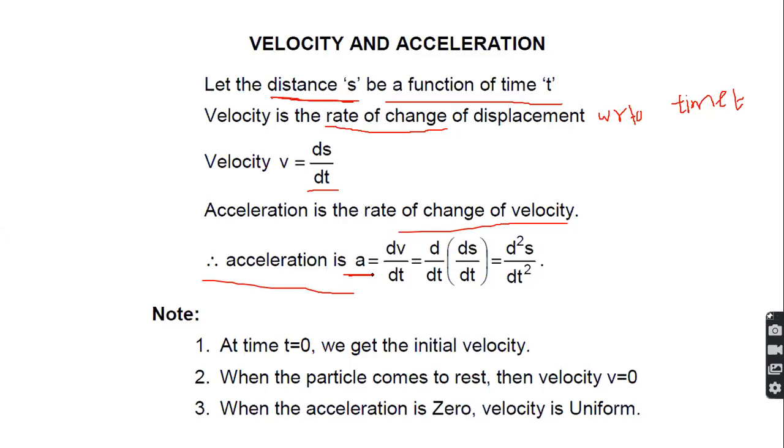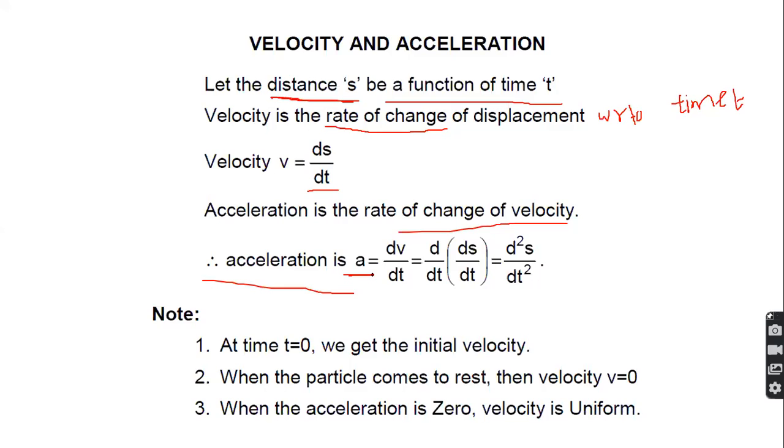But if you see the temperature of the day, it keeps on changing. Morning, very low temperature. Afternoon, it will be very high. In the evening, once again, it will go very low.